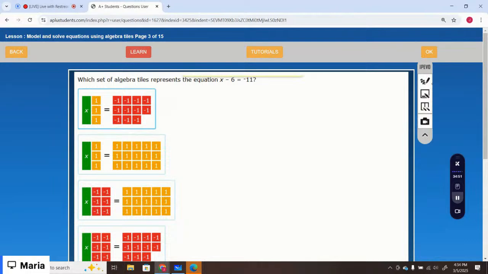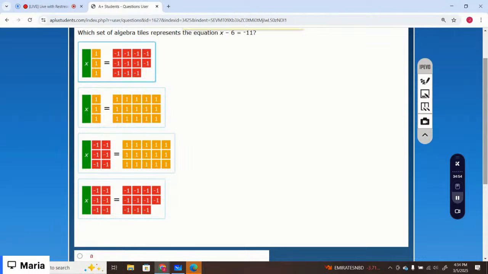Which set of algebra tiles represents x minus 6 equals -11?